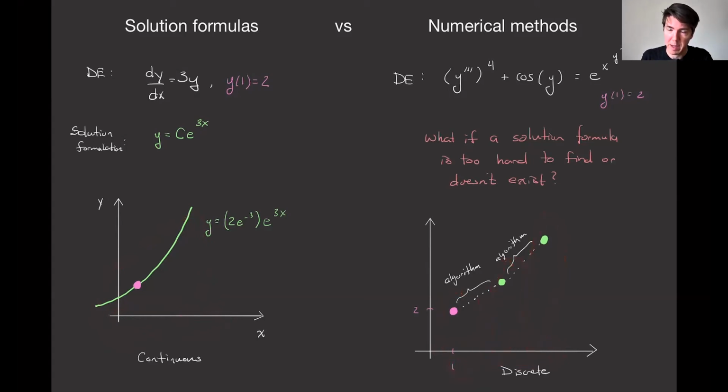There's just a massive difference. So there's some advantage to having a continuous curve. It's more information, but coming up with that curve, if we didn't have a nice solution formula, would just be computationally too much. So discrete has the advantage that it's computationally accessible. But there's also less information.